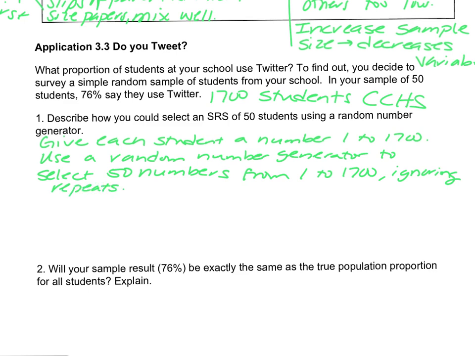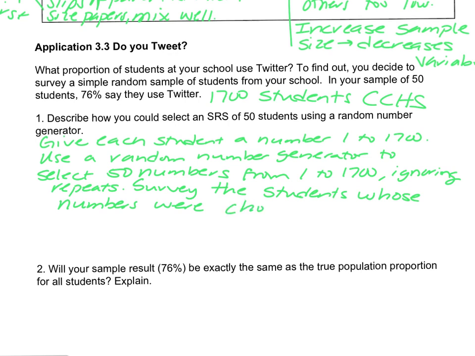Okay, that was one of the things we said we needed to remember to do. And then we would survey the students whose numbers were chosen. Okay, so we label, we randomly generate ignoring the repeats, and then we select the students that were chosen based off of that sample. Okay?